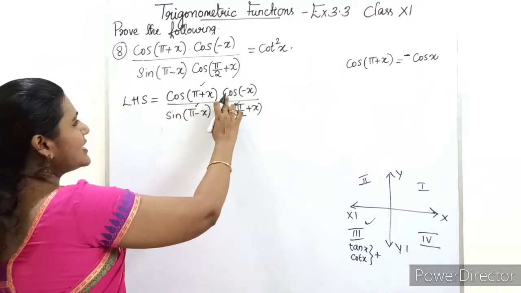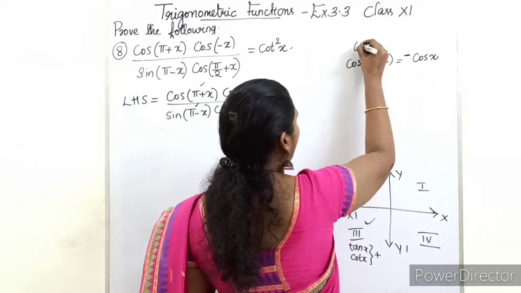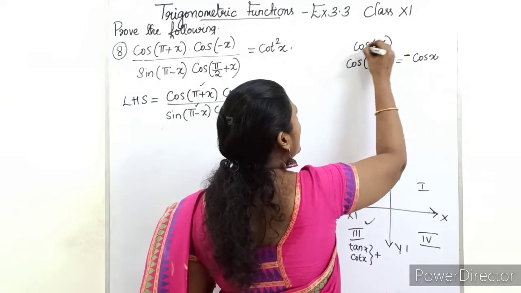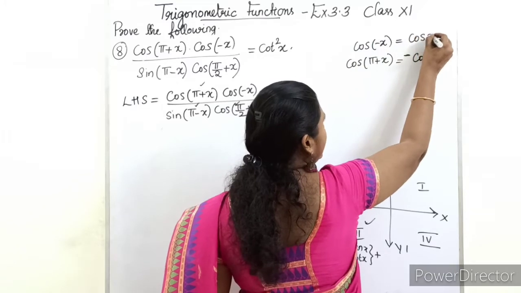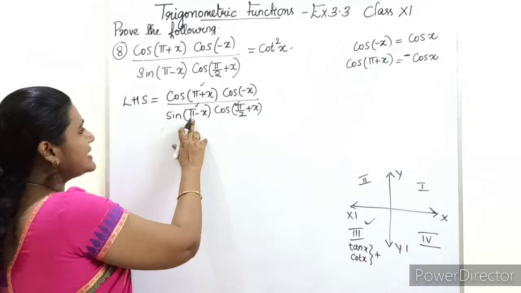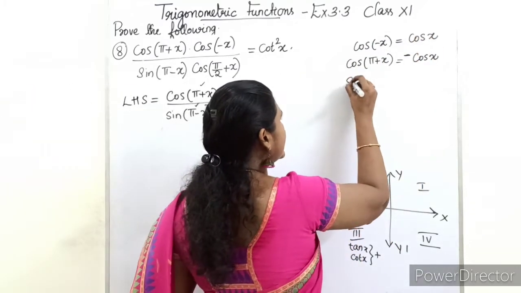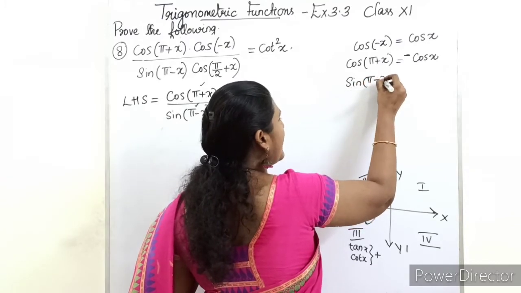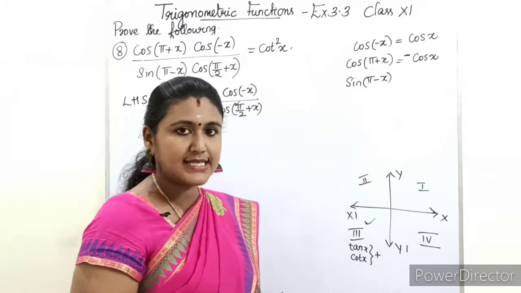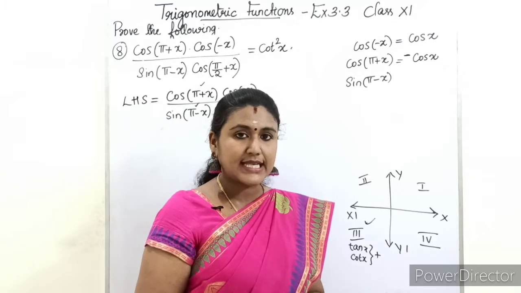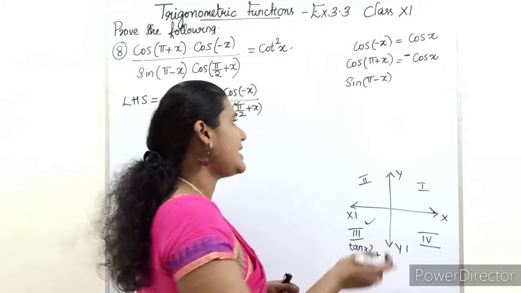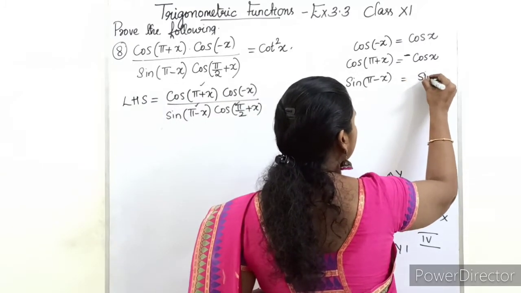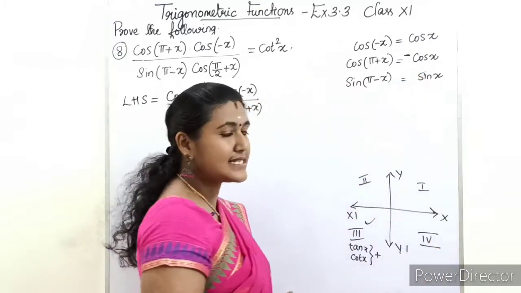Now we will see what is cos of minus x. This formula we have already studied. Cos of minus x is cos x only. Now the next one, sin pi minus x. Again pi is an angle on the x-axis. So for an angle on the x-axis the function will not change. So we can write the sin function as it is, that is sin x.